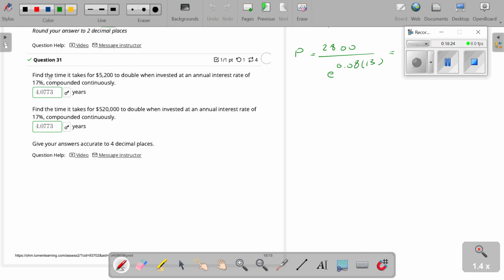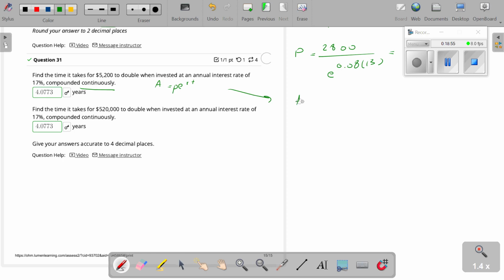The last question, 31. Find the time it takes for $5,200 to double when invested at an annual interest rate of 17% compounded continuously. So again, we have continuous compounding, so we're going to use A = P e^(rt). The initial amount is 5,200, so I'm going to write that here.